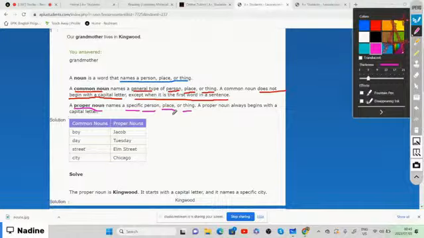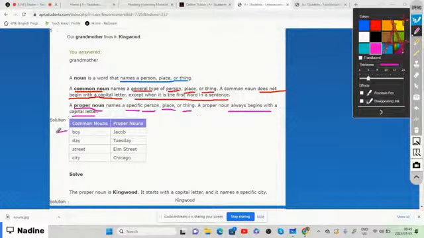Instead of just saying thing, we're going to name the specific thing by its name. So a proper noun always begins with a capital letter. A proper noun names people and places, and we need to write that with a capital letter, right?